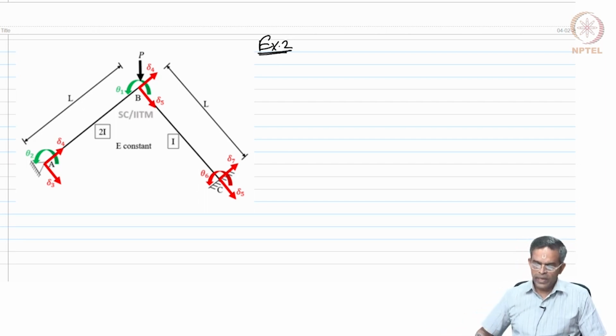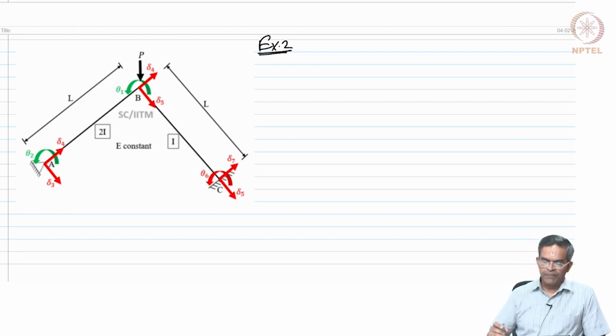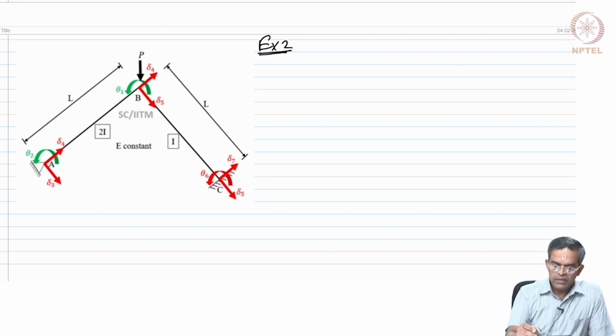So, this is example 2 where one member has 2I, and the other member has moment of inertia as I. A, B and C are the nodes. As the length of the member is same, I can interpret this angle as 45 degrees.